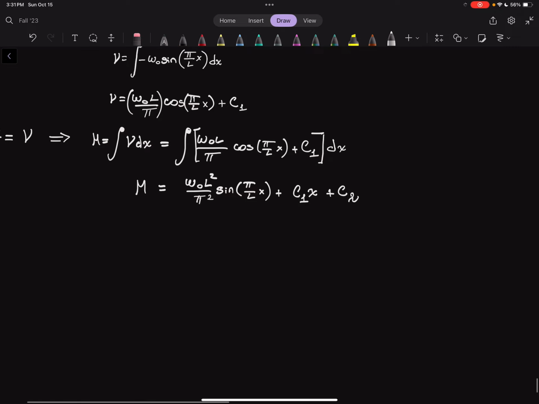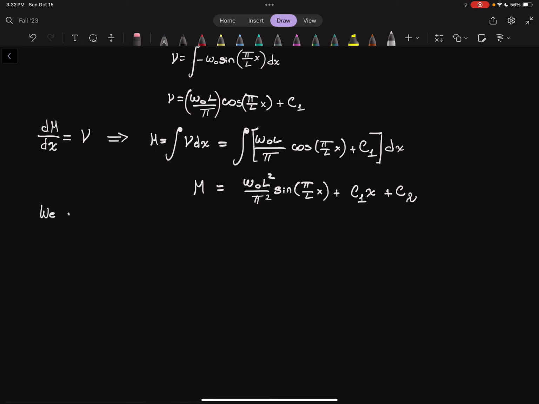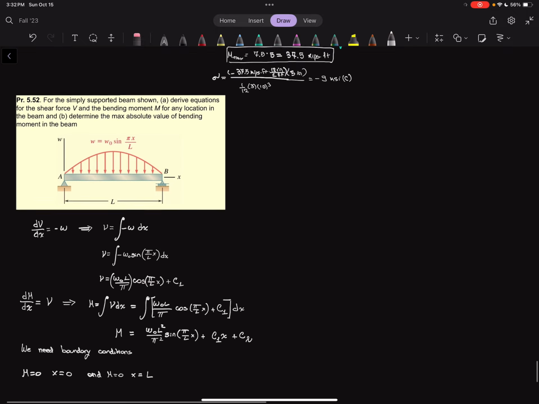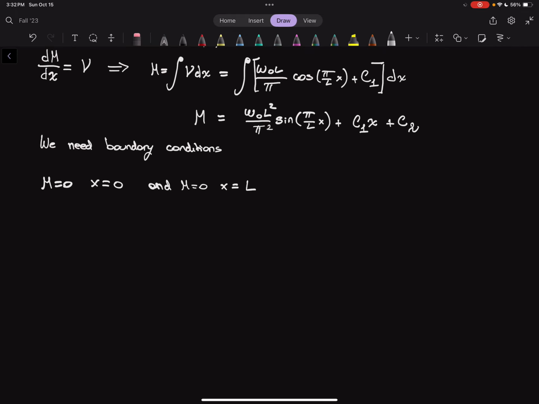So now what do we do? Well, now we need some boundary conditions. Well, I know that M is equal to 0 when x is equal to 0, and M is equal to 0 when x is equal to L. So we can substitute those in.